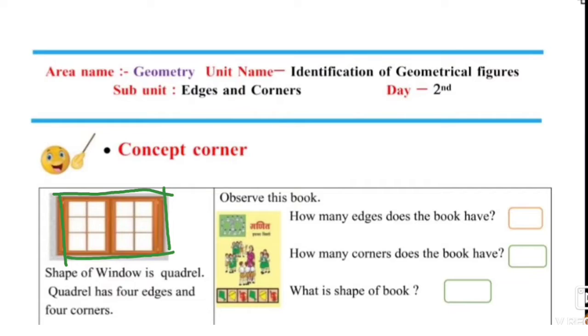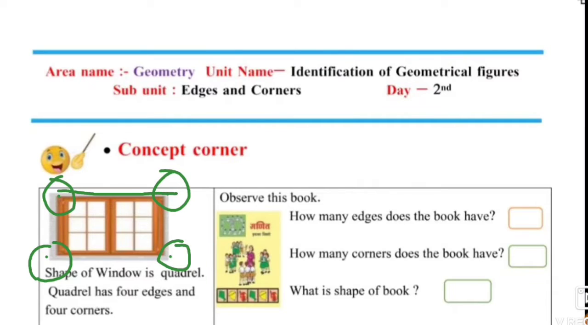These are four edges of this quadrilateral figure: 1, 2, 3, 4. These are four corners of this window or of this quadrilateral. Understood? This is first corner, this is second corner, this is third and this is fourth.